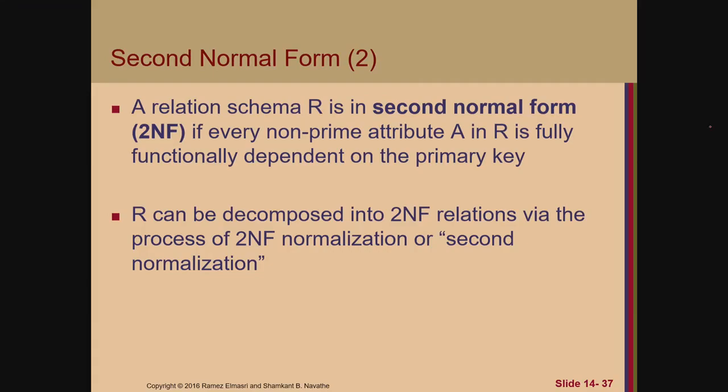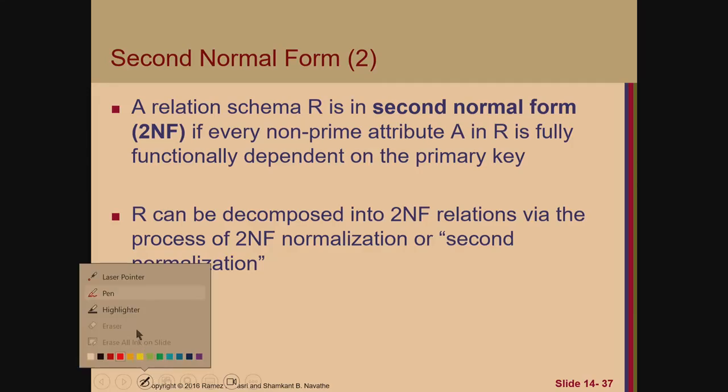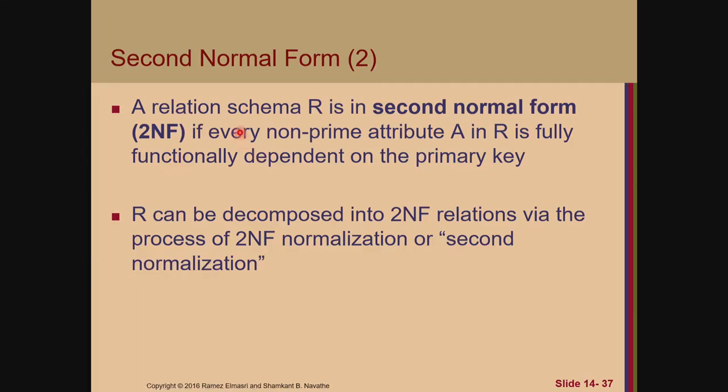A relation schema R is in second normal form if every non-prime attribute A in R is fully functionally dependent on the primary key. Non-prime attributes are the set of attributes not a member of the primary key.